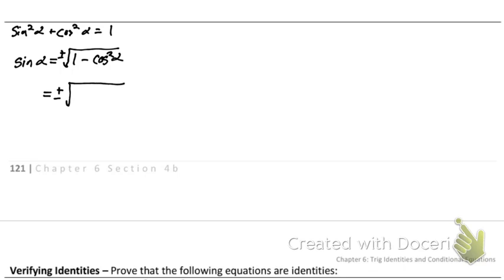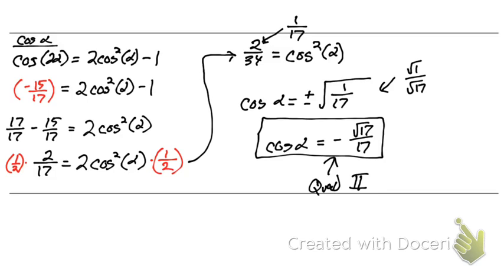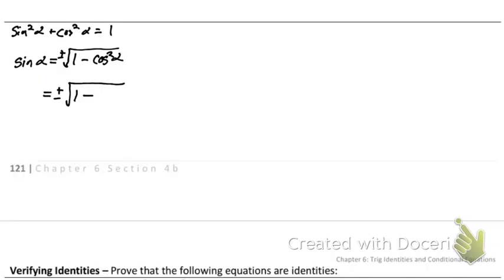So now we're going to plug in that cosine alpha real quick. So we'll have 1 minus, and we came up with, you can use either one, 1 over square root of 17, or you can use the square root of 17 over 17. I don't care which one you pick. I'm just going to pick the negative square root of 17 over 17 to hopefully not lose anyone. That's going to equal plus or minus the square root, and that would be our 289 again, right?